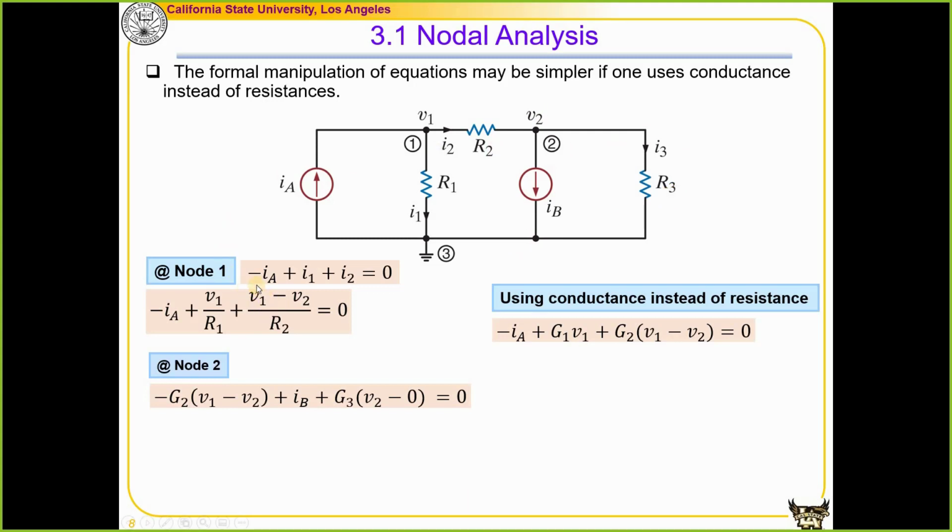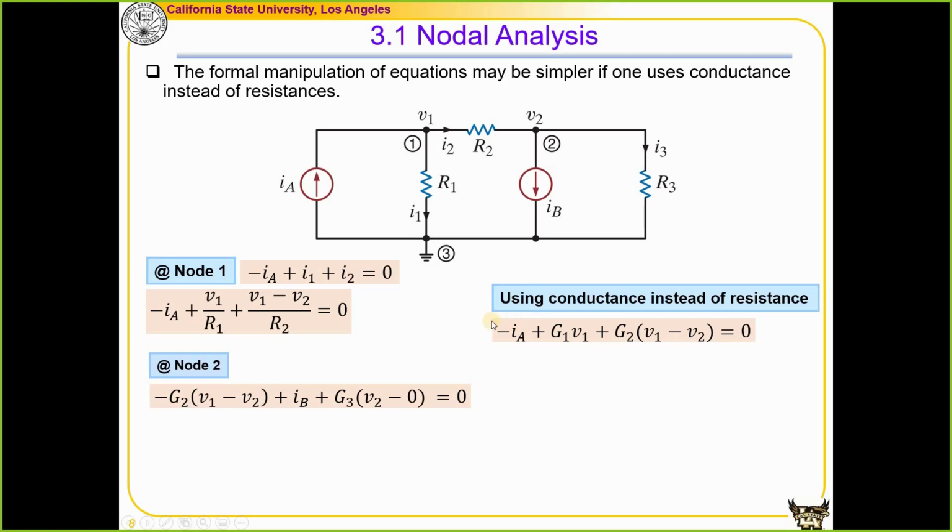And similarly, we can write the equation by using the conductance instead of resistance. If I do that, I will write the first equation over here, the current leaving the node: minus IA, the current in this branch will be G1 times V1. The current in this branch will be G2 times V1 minus V2, that is equal to 0.